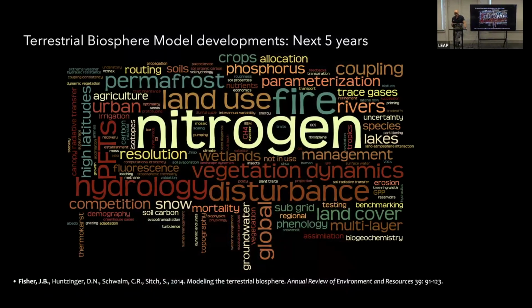And so a little over 10 years ago, I asked the modeling groups of the world, what are you going to work on over the next 5 years? And you can see this word cloud shows that nitrogen was the big thing that they were going to work on, as well as fire and land use and hydrology, disturbance, and so on. And so now almost all the climate models have a nitrogen cycle in, and a lot of them have phosphorus cycling in.